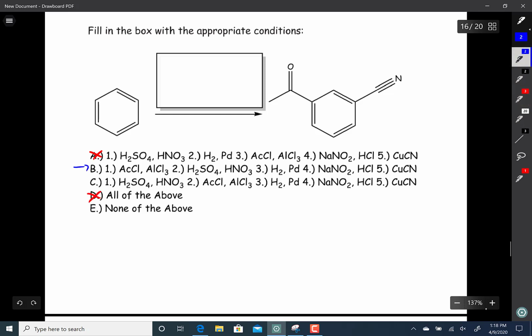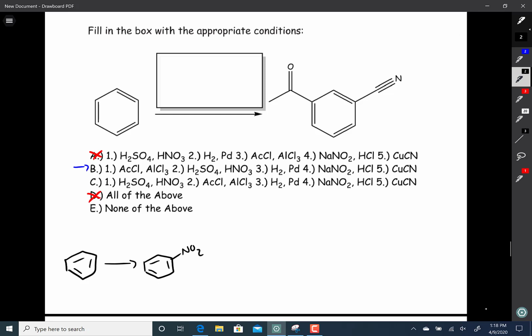Now let's investigate C. C starts out with a nitro group, followed by acetyl chloride, and so it is essentially just like B. The only difference is the first two steps are reversed.